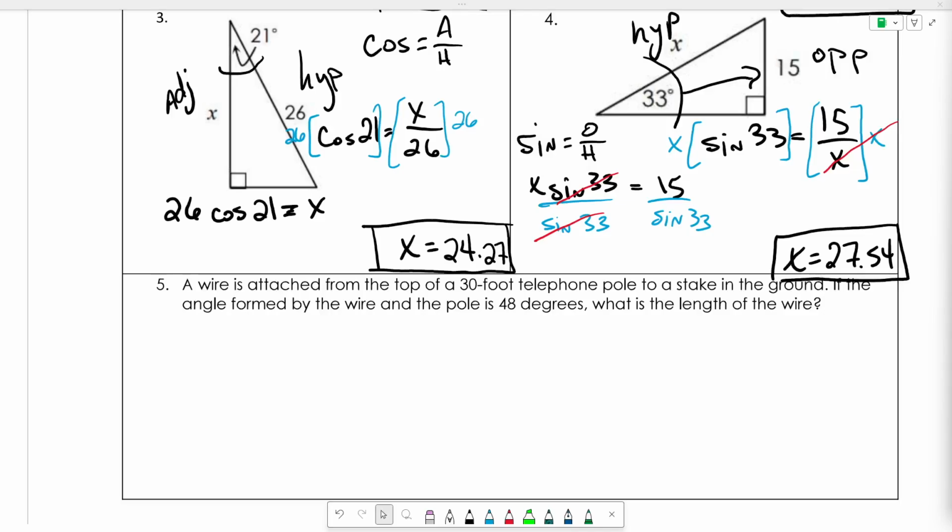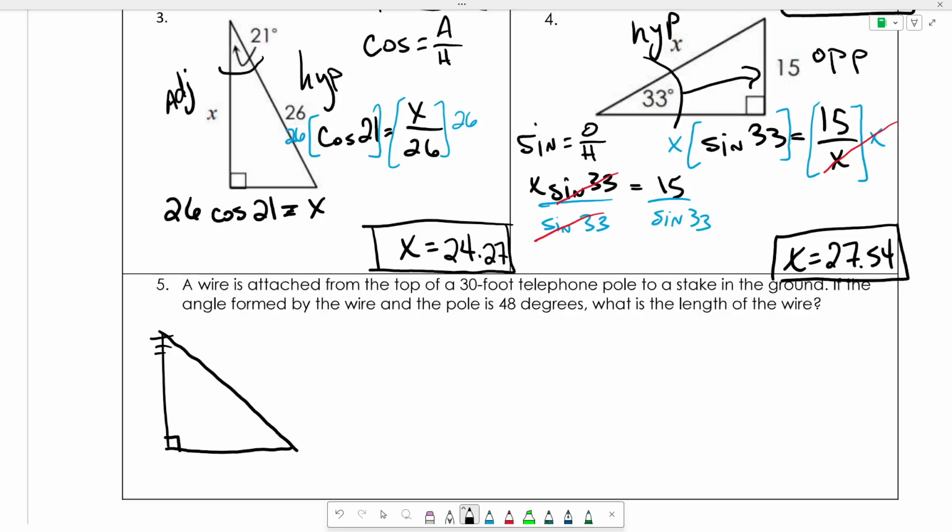Well, the first thing I like to do with these is just draw myself a quick picture. Telephone pole. That's basically just like one of the electrical poles, for students out there who are not familiar with what a telephone pole is. And then the wire is going to come down, creating a right triangle.